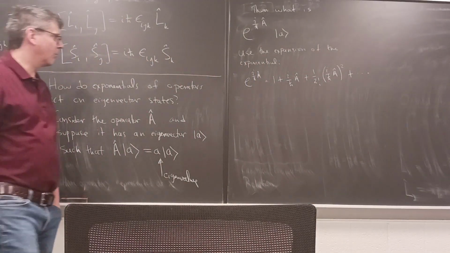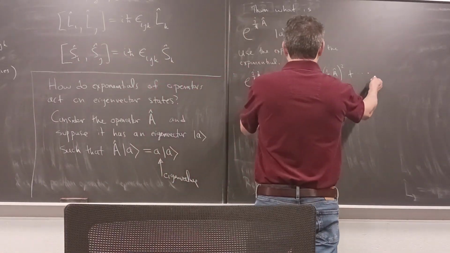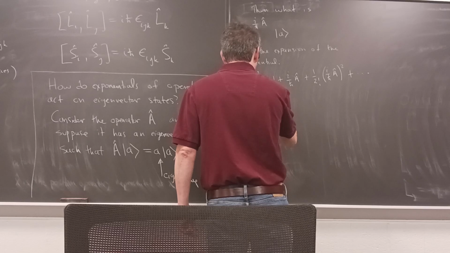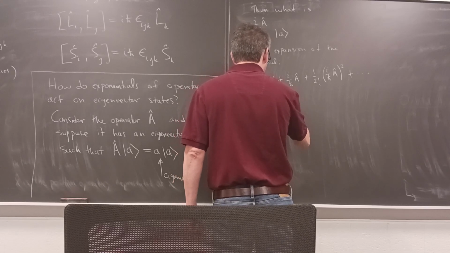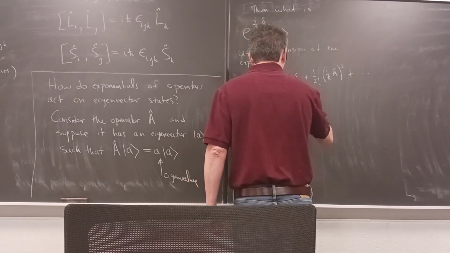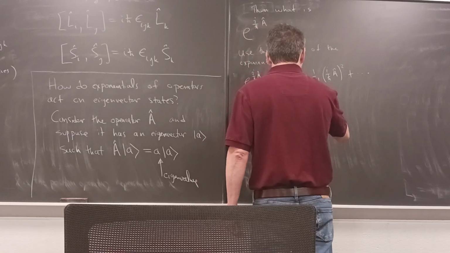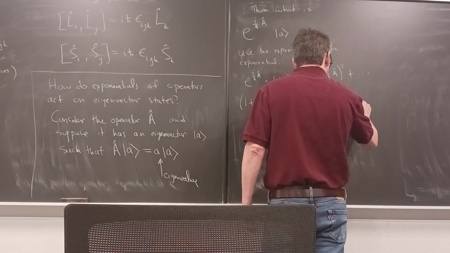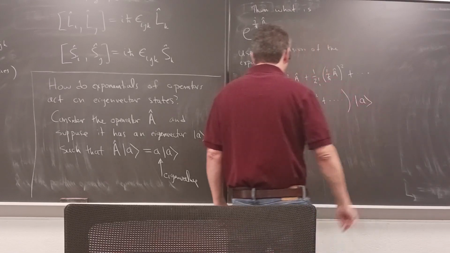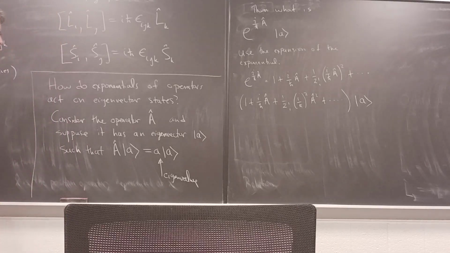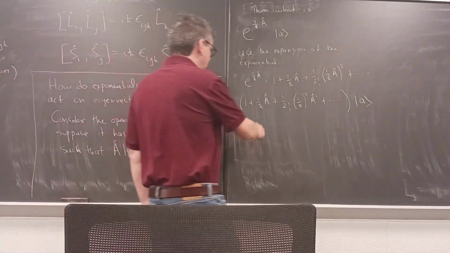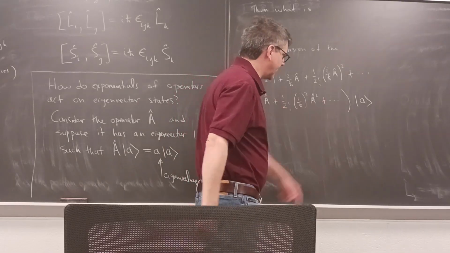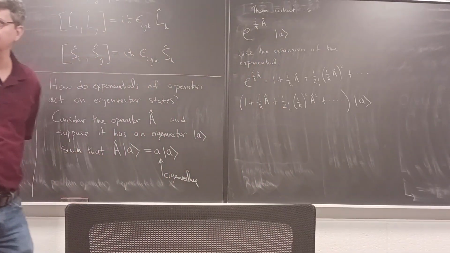So when this big mess operates on the eigenvector a, what do I get for what's in the big parentheses?